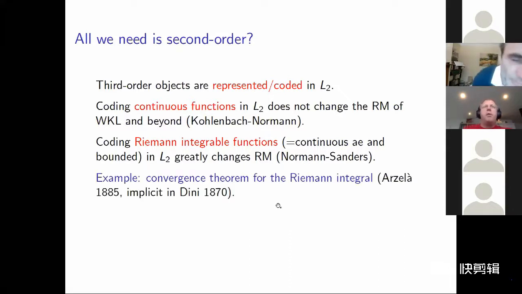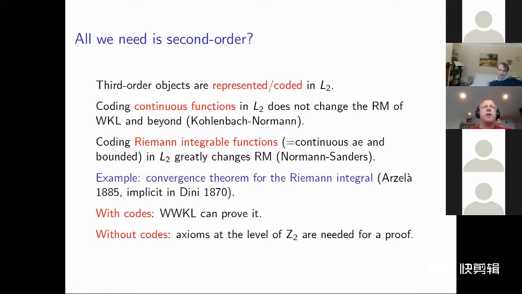An example is the convergence theorem for the Riemann integral, proved by Arzelà in 1885 and implicit in Dini 1870. If you have codes, a very weak system, namely WWKL, weak König's lemma, can prove it. If you formulate this without codes, you need comprehension axioms at the level of C2 if you want to prove this.